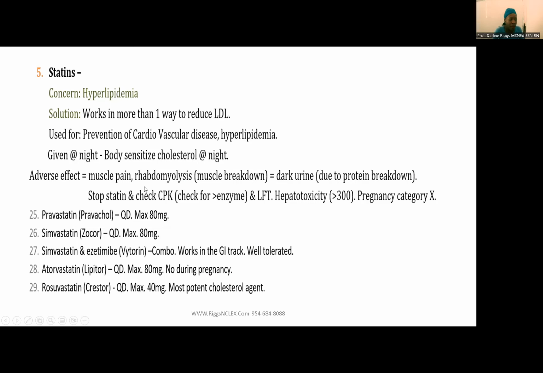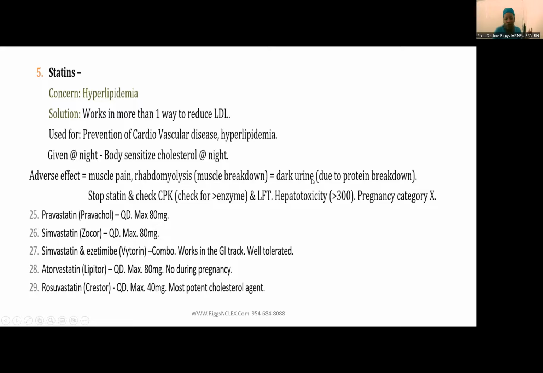Muscle pain. Be familiar with this word, rhabdomyolysis. Okay? That is muscle breakdown. So if the client is experiencing this adverse effect, one of the first ways we look to confirm that is via the urine. If you're breaking down muscle, okay, the urine is going to be dark.